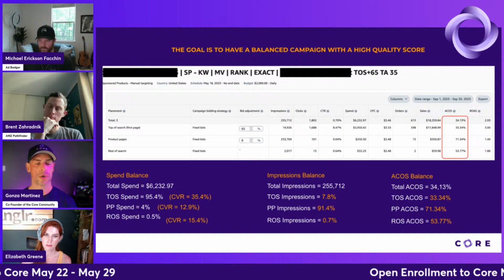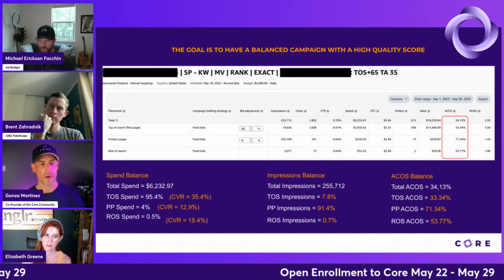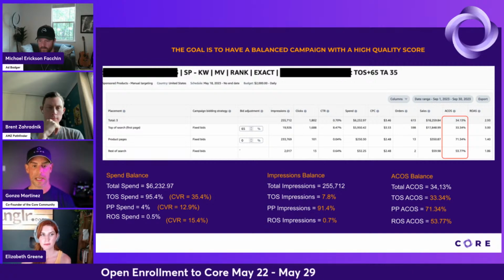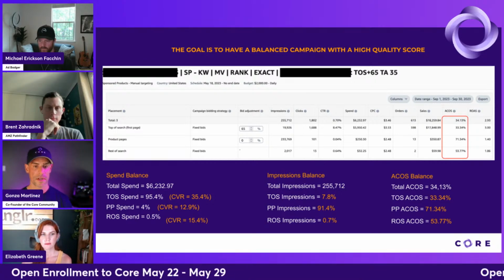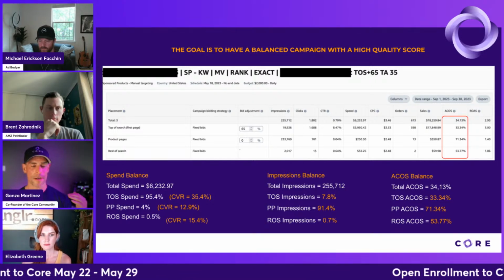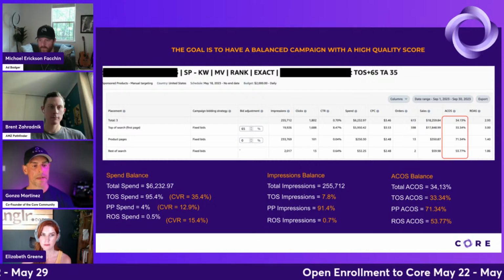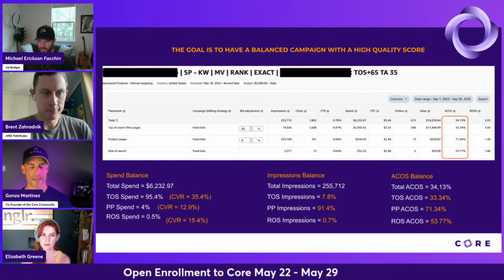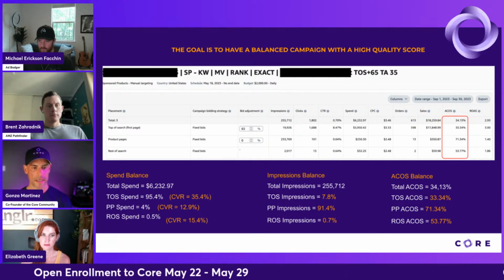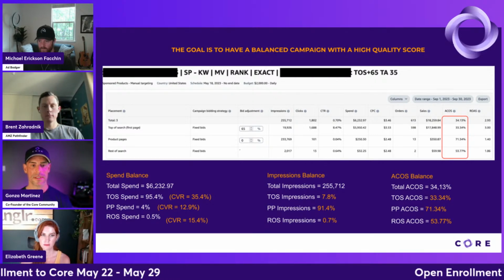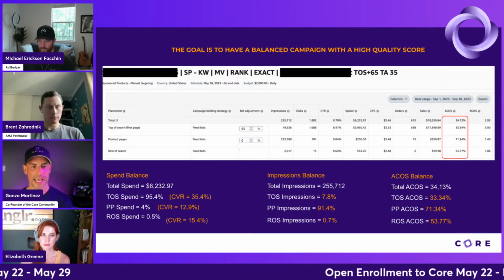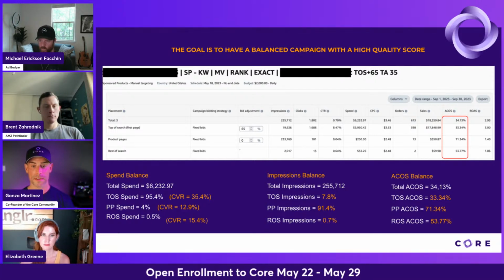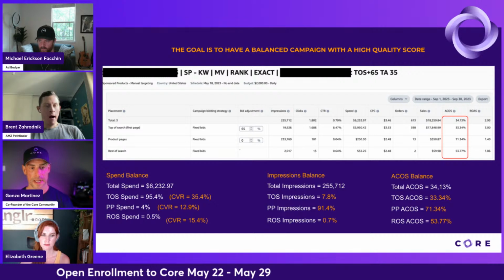I'll give you a short description of what I mean. So look at this campaign. It has spend balance, impression balance, and ACOS balance, which means there's a party going on in all three placements, right? So top of search is spending 95% of the total campaign spend, but it only has a little bit less than 8% of the total impressions, and it has a great ACOS, the lowest of all three placements.